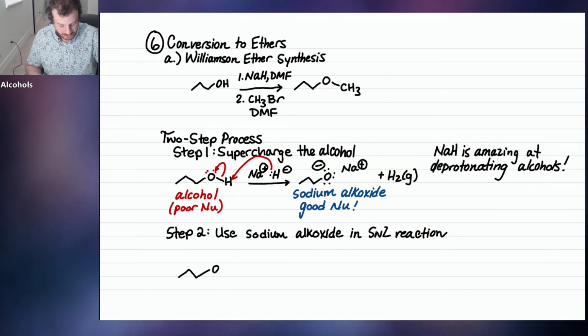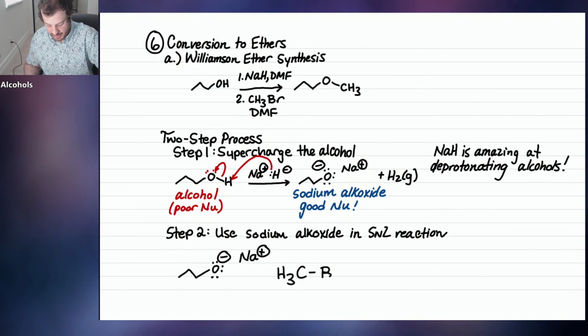So here we have our sodium alkoxide. The sodium's just a spectator ion, it doesn't actually do anything. Then we add a substrate with a good leaving group. It should be a substrate that's not tertiary because we're going to do SN2 on it. So ideally it's either methyl or primary. If you use a secondary or a tertiary substrate, it tends to do E2 reactions instead.